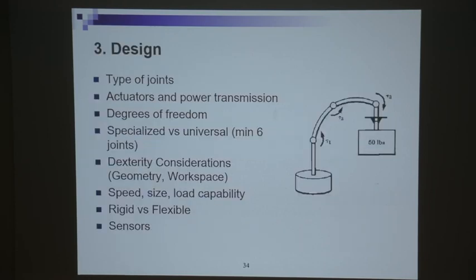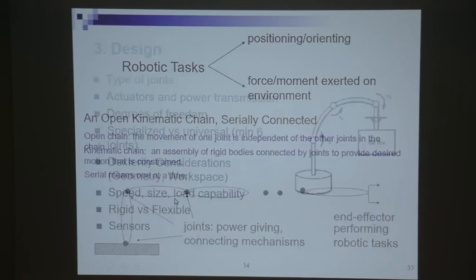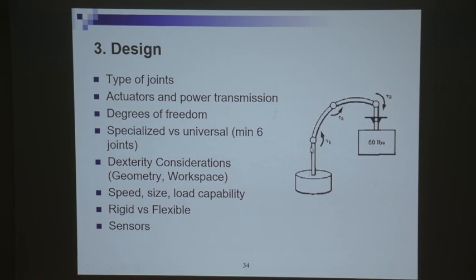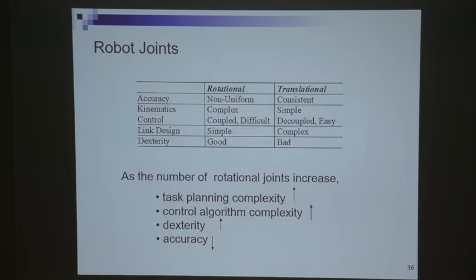You may come across a drawing like this, or a drawing of a manipulator in this manner, where you have an oval shape instead of a rectangle bar representing the link. And at the end, you always have an end effector that performs the robotic task. This is the definition of an open kinematic chain, serially connected.